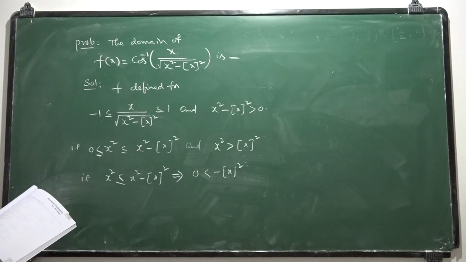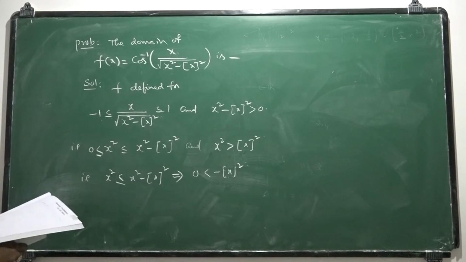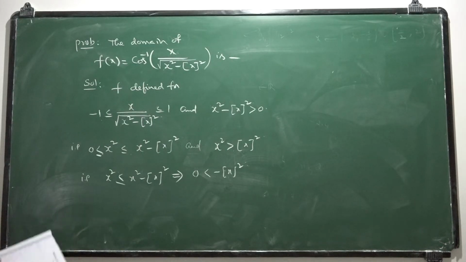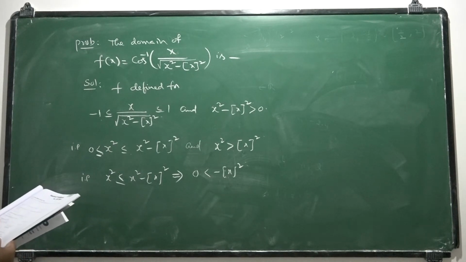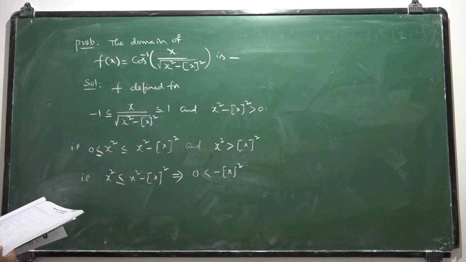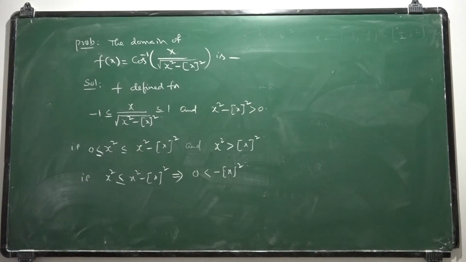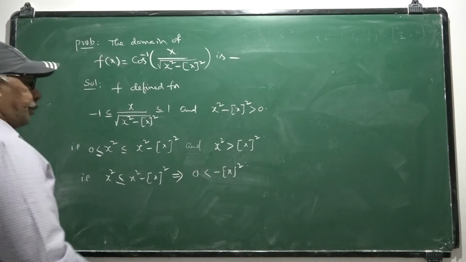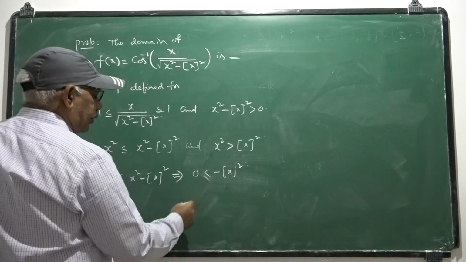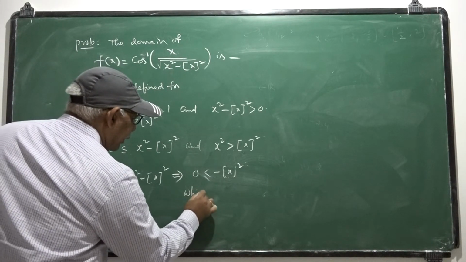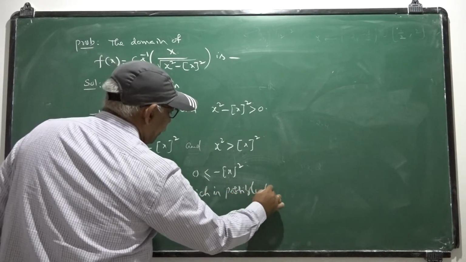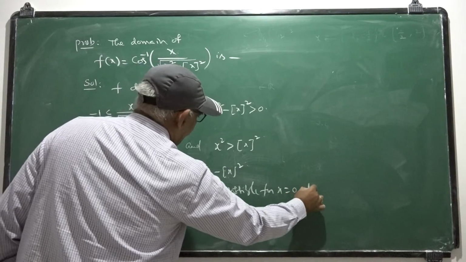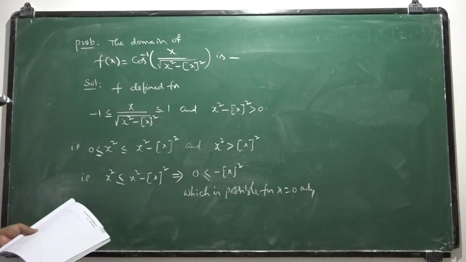Of course not 0, positive and not 0 also. n plus 1, not 0. In case of 0 it may be equal. Of course this is possible for x equal to 0 only.